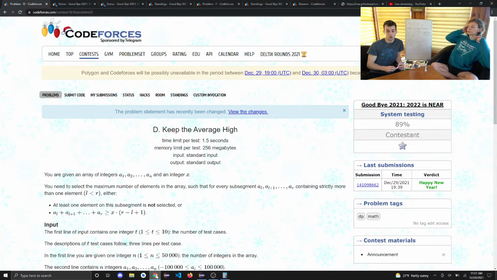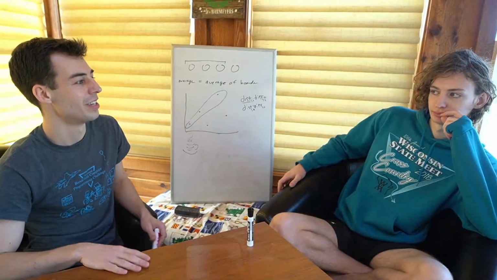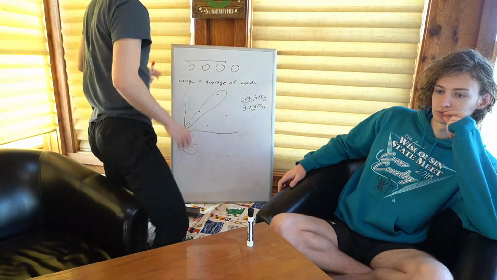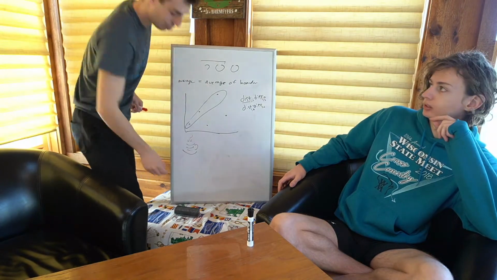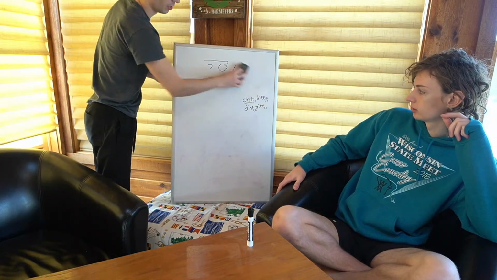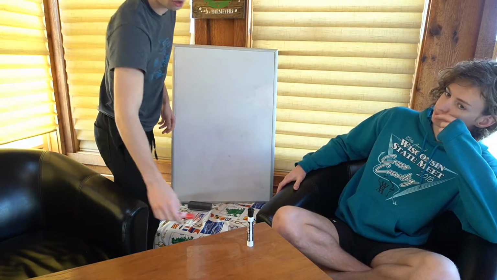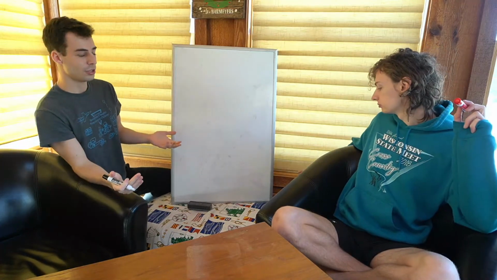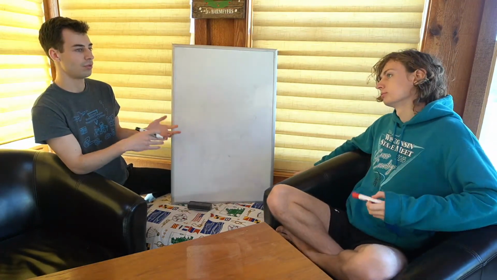Every time you have a requirement that the average is at least x, the first thing you think, without fail, is let's just decrease all the numbers by x. Averages are annoying because they include how many elements are in the range. If we had a requirement on the sum, that would be way more convenient. It's easier to solve a problem with a requirement on the sum than on some average.